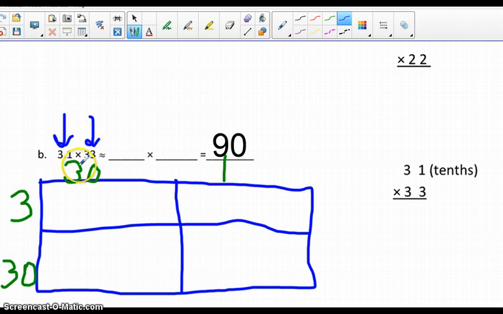So I'm going to treat it for now as a whole number, but then I'm going to write tenths over here so that I know that it's a decimal. But in the actual problem solving part, we are going to treat it as a regular number without a decimal until the very end. Just like over here, we're going to do the same thing. So 31, if it were a regular whole number, would be 30 and 1 broken apart.